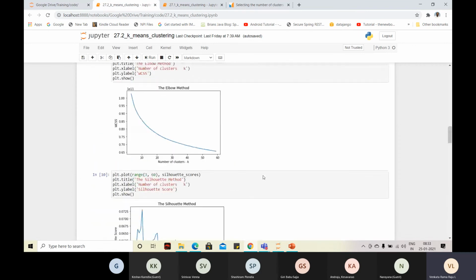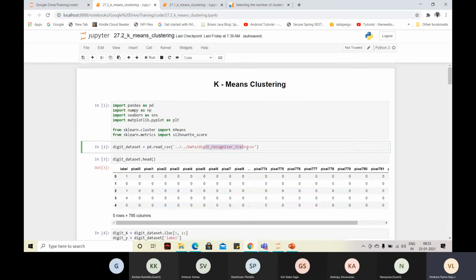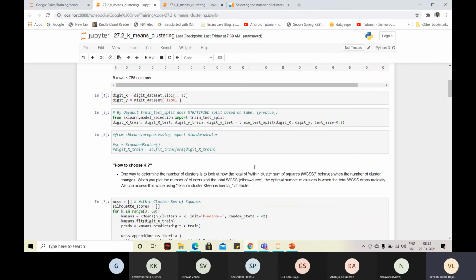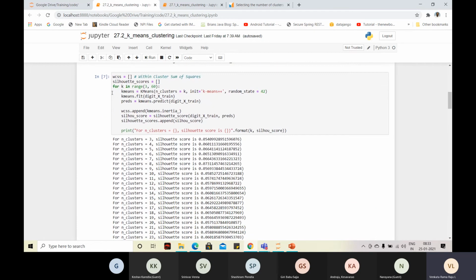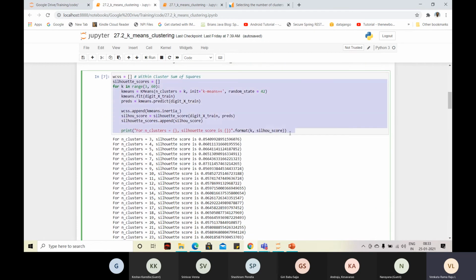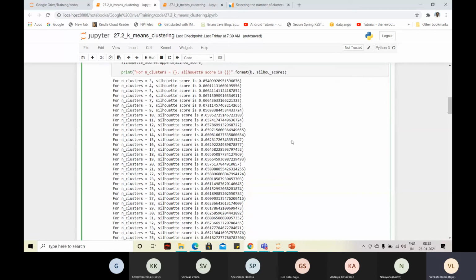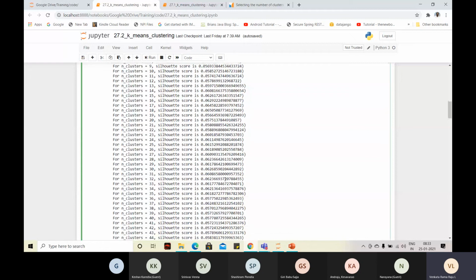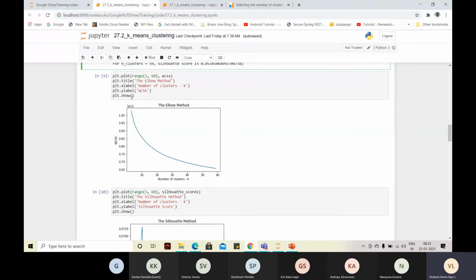Now what I did is I took our handwritten digits data and tried to find the best k. When I tried to find the best k using Silhouette score, I actually printed the Silhouette score here, and then I tried to do WCSS, see this here. Is there an elbow?